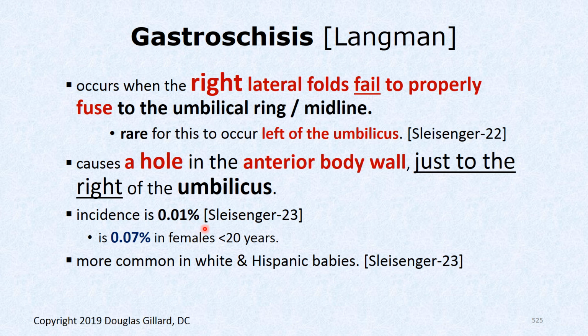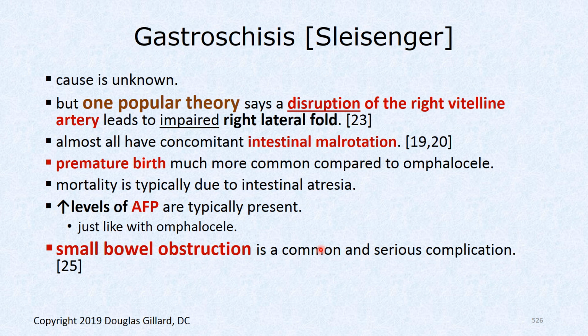The prevalence is about like Marfan syndrome, 0.01, so it's more rare. In moms who are less than 20 years old, it dramatically rises, 0.07, but still rare. More common in white and Hispanic babies than other nationalities.